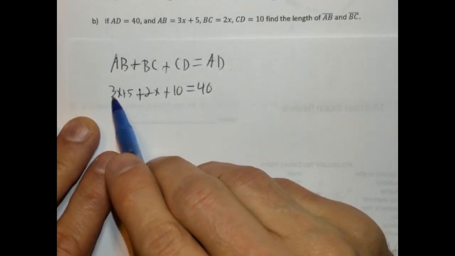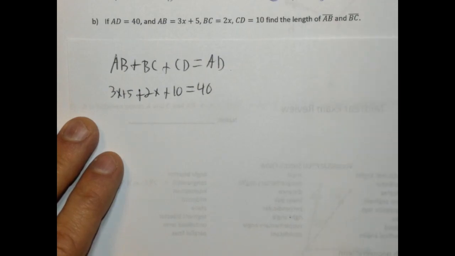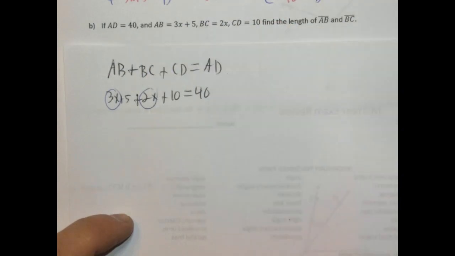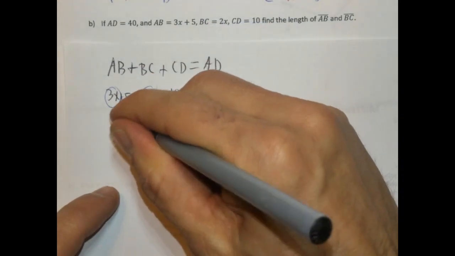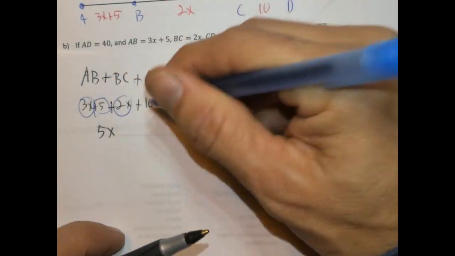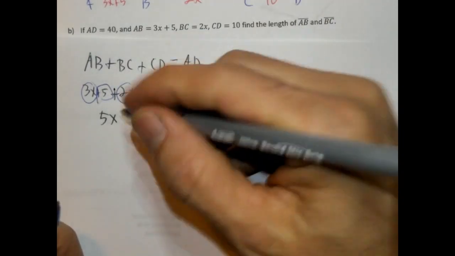So 3x plus 2x is 5x. And 5 plus 10 is 15.